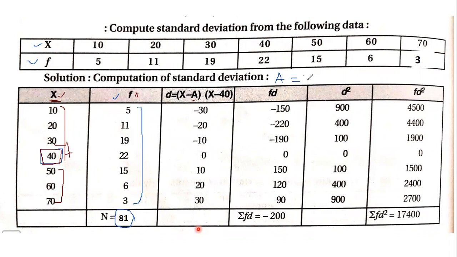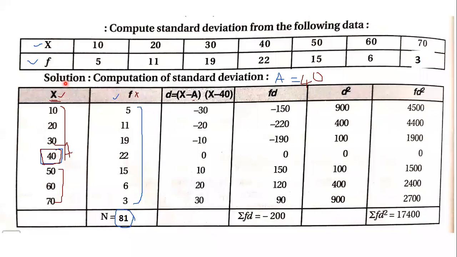Assumed mean is 40, so you are supposed to subtract 40 from the x values. 10 minus 40 is minus 30. 20 minus 40 is minus 20. 30 minus 40 is minus 10. 40 minus 40 is 0. 50 minus 40 is plus 10. 60 minus 40 is 20. 70 minus 40 is 30. So we have found the deviations.